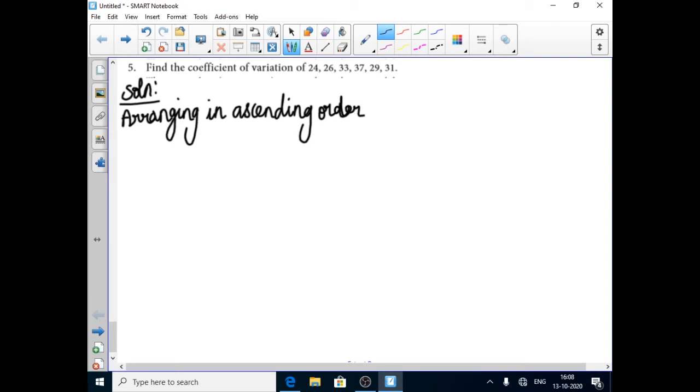We have 24, 26, 29, 31, 33, 37. We have to find the mean and standard deviation. For that we use the table columns.